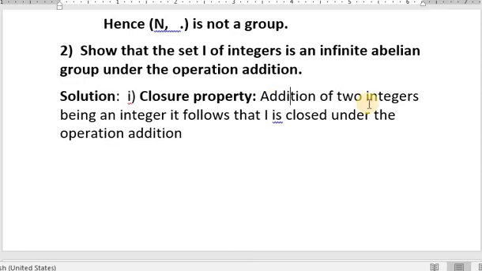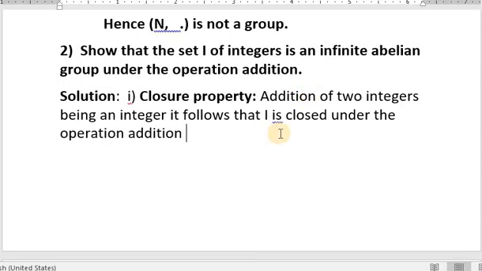Addition of 2 integers being an integer, it follows that I is closed under the operation addition. That is nothing but addition of 2 integers is again an integer.